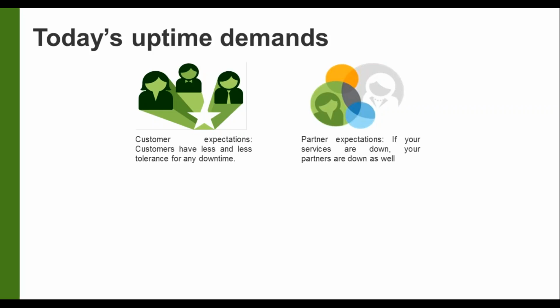So much so that if your services are down, your partner's business and services are also down, and vice versa. Let me take an example of, say, an e-commerce or a marketplace provider. If your services are down for any reason, none of the marketplace players can perform business transactions, and that impacts everyone. So partners along the same lines have come to similar expectations as your customers have today.